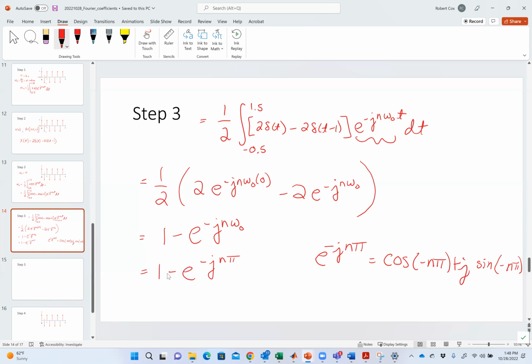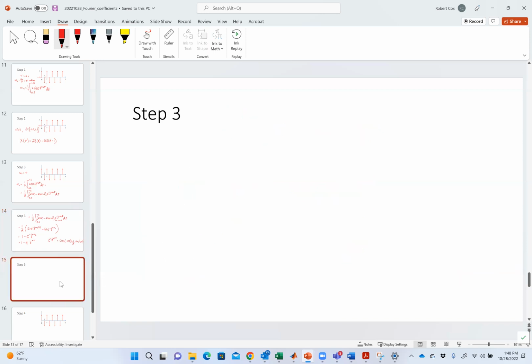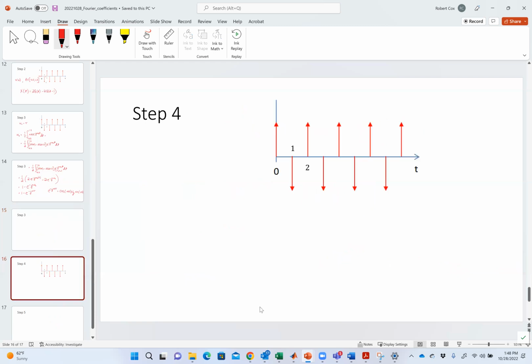So, all right. Step 3, we finished. Okay, step 4. Again, I wrote the areas here are 2 and 2. Step 4 was to figure out alpha 0, which is the average value of the waveform. So integral from negative 0.5 to 1.5 of x of t dt.